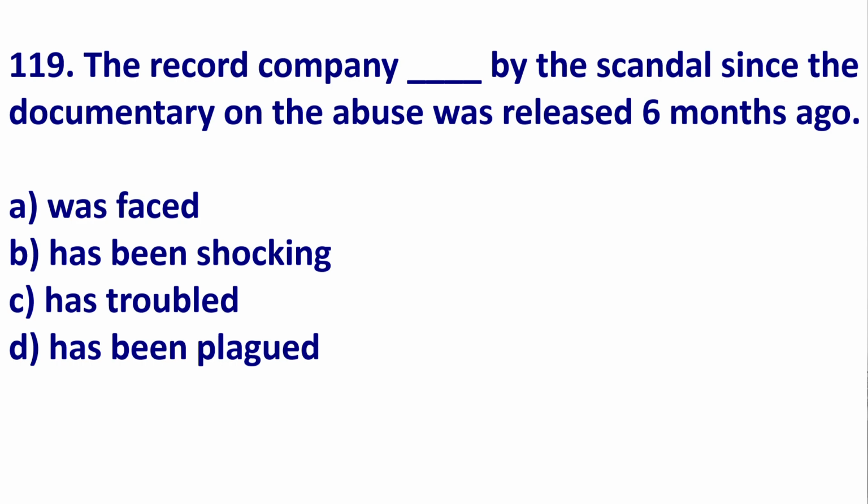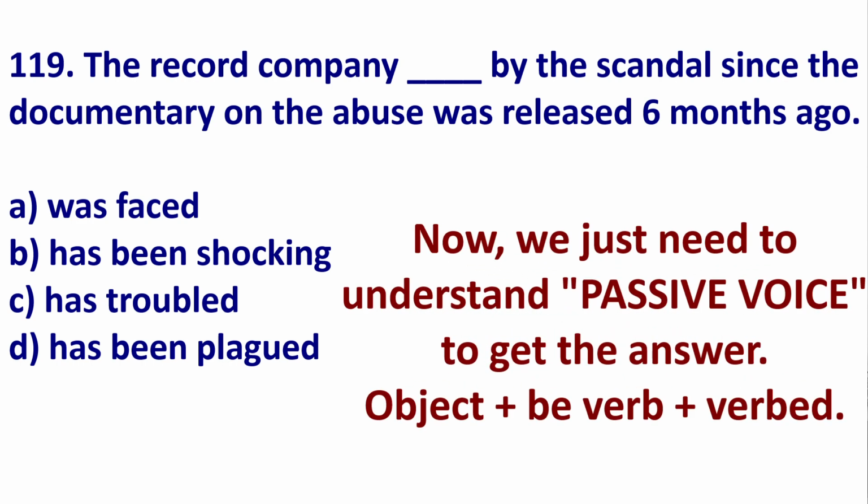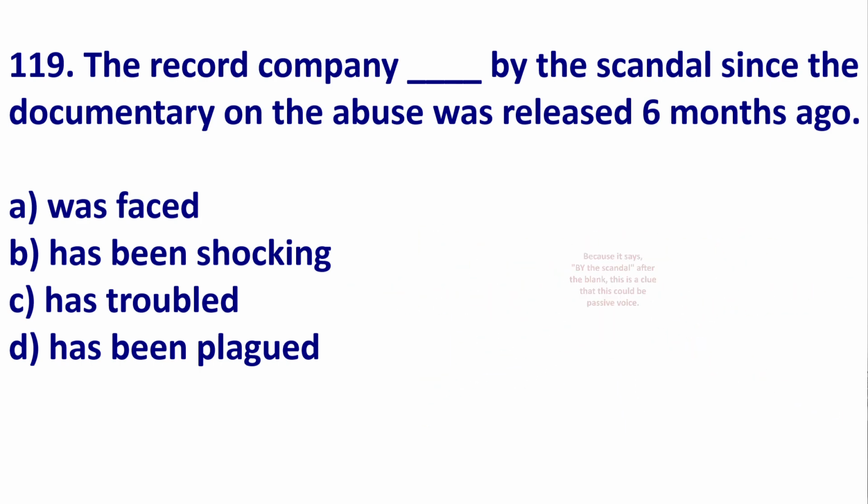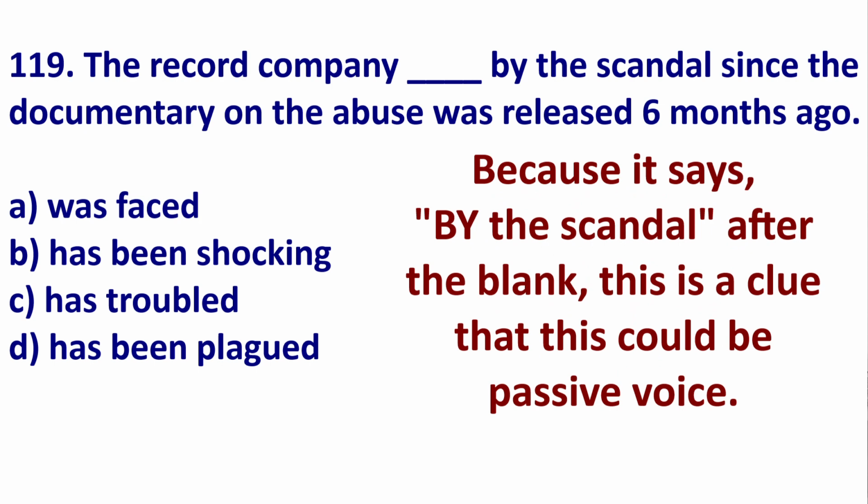Now, to eliminate the rest, we need to think about passive voice. A key word is the record company blank by the scandal. This is a signal that the main clause is passive voice.